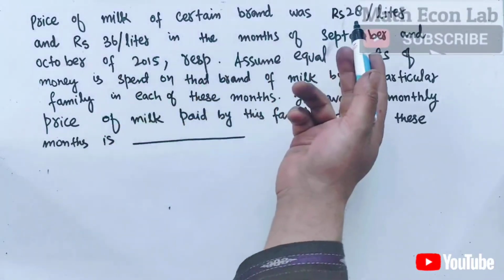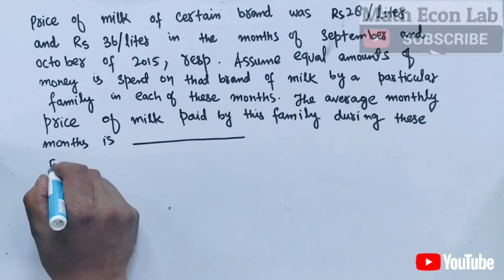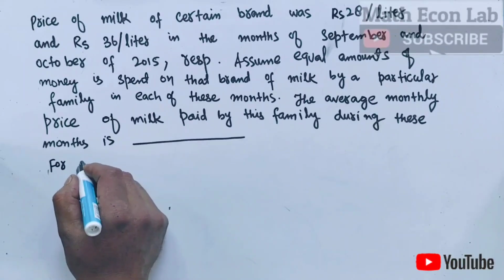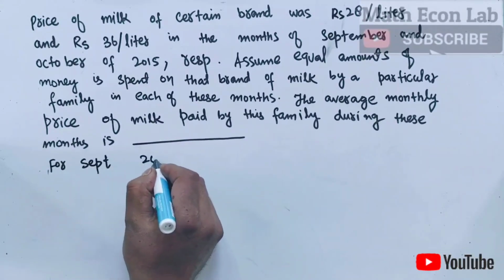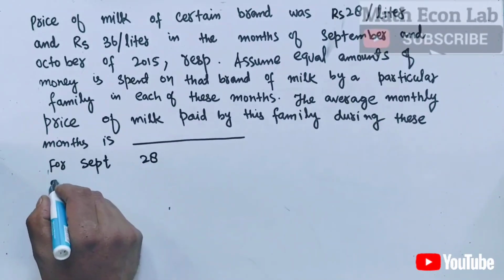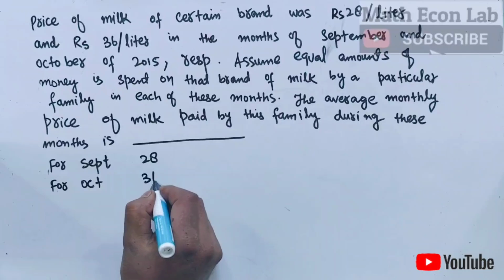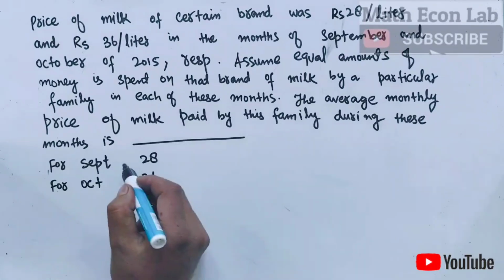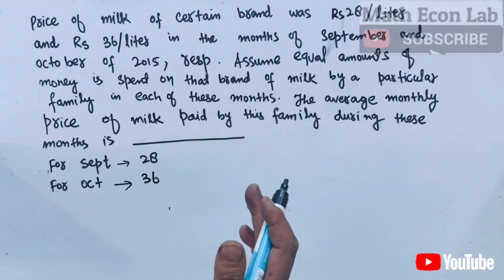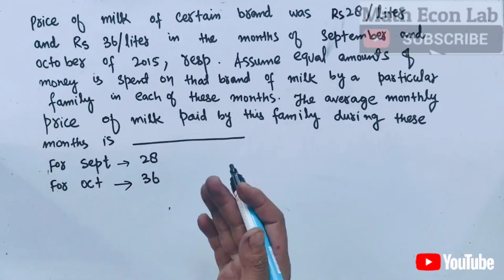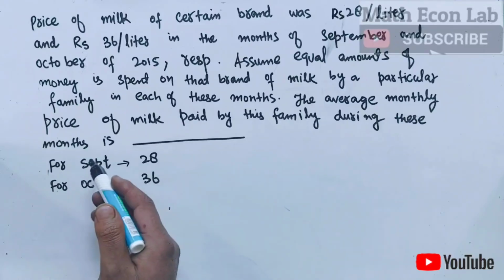So price of milk, let me write it here, for September is 28 rupees. For October it is 36. Okay. We are also being told that this family spends equal amount of money for the consumption of milk for September and October.